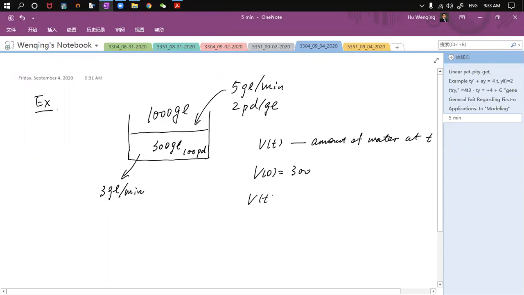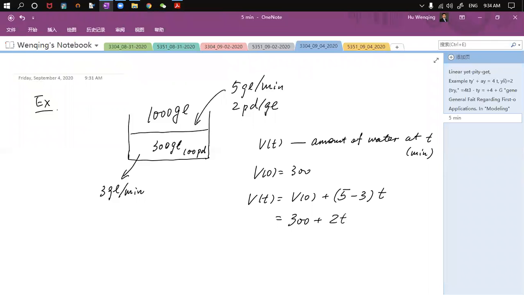So V(t) is just V(0) plus 5 gallons in minus 3 gallons out, multiplied by the time. If you measure the time in minutes, that's nothing but 300 plus 2t. That's the answer. Is that good, right? So that's the simple-minded answer.